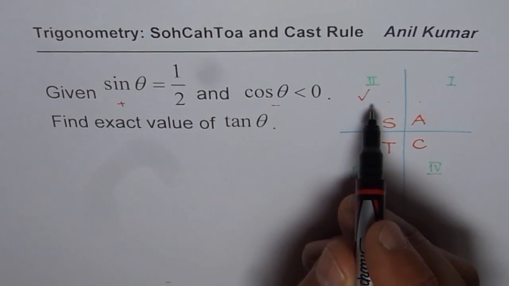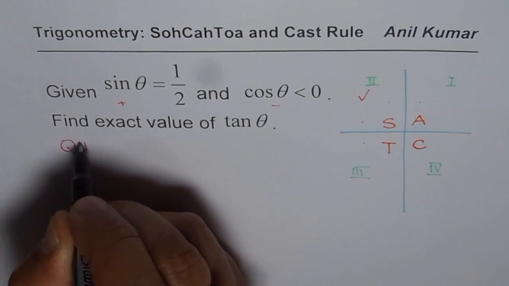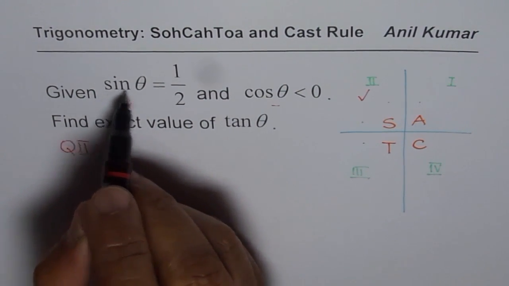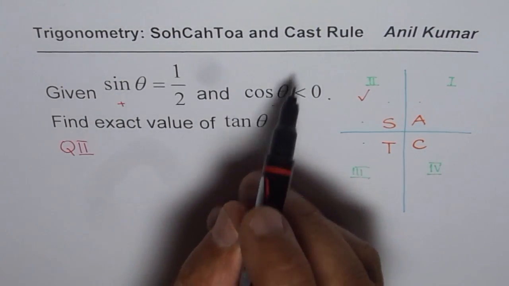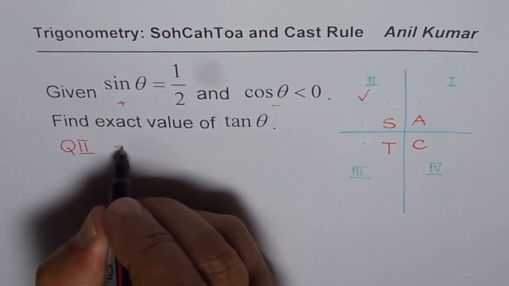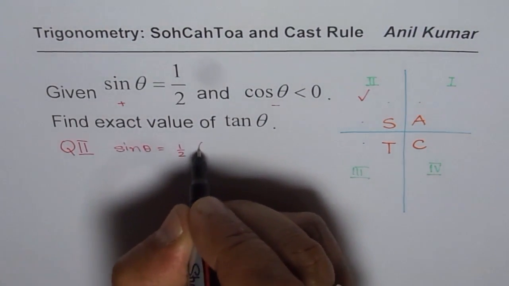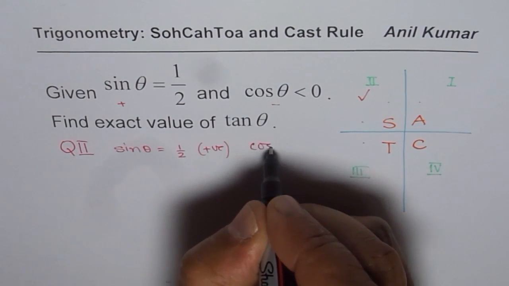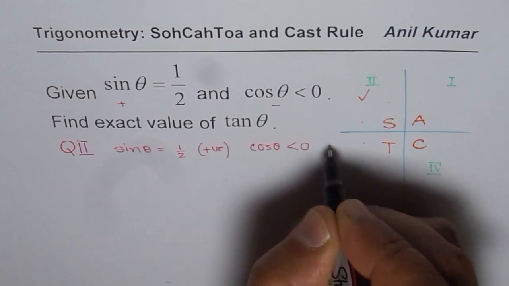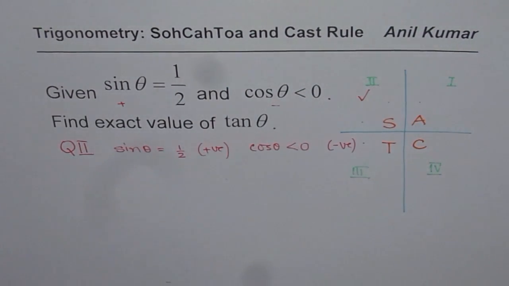So in quadrant 2 we find that sine theta is positive and cosine theta is negative. That comes from the CAST rule, right? So when we say that sine theta equals half, that basically means it's positive, and cos theta less than 0 means it is negative. So we are looking for the angle to be in quadrant 2.